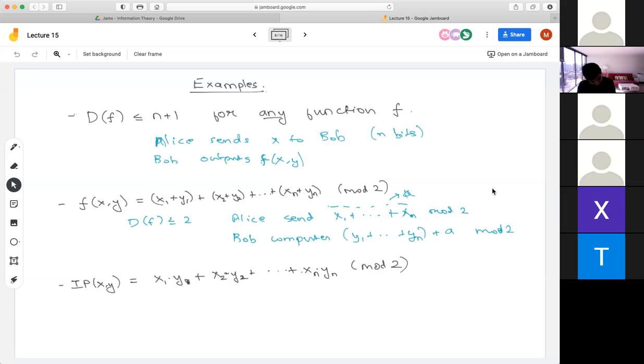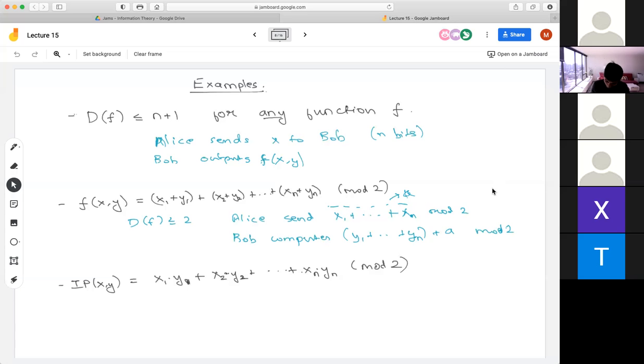You can just think of x1 plus x2 to xn, and then y1 plus y2 to yn. The third is what is called the inner product function, where instead of taking the bitwise sum of x1, y1, I'm taking the bitwise product. The product of 2 0-1 numbers is just an AND, and then I'm adding them up. This is a somewhat more involved function. It's usually called the inner product function, although it's a dot product over a finite field.